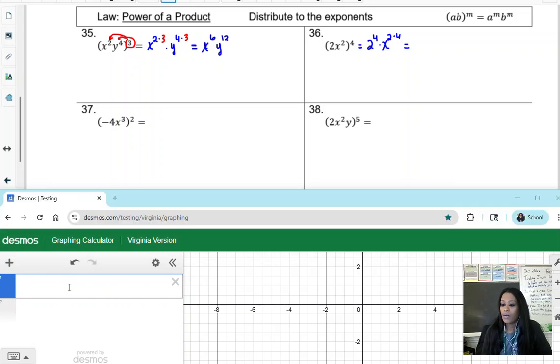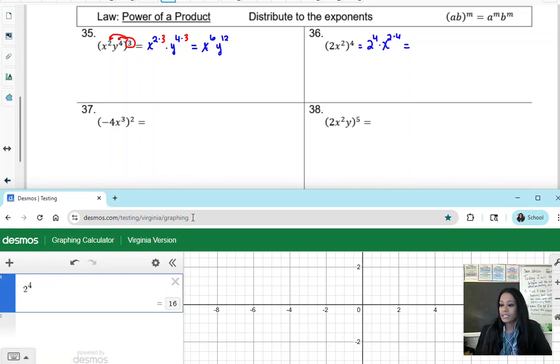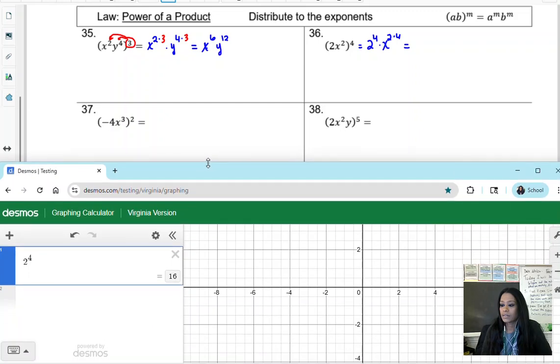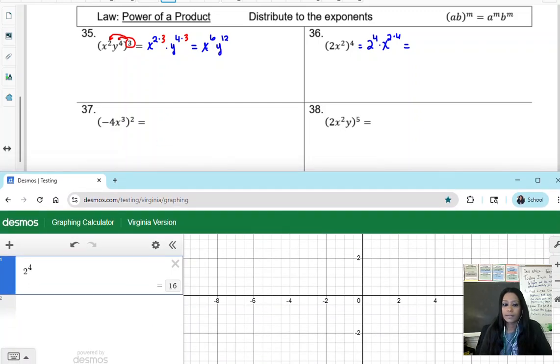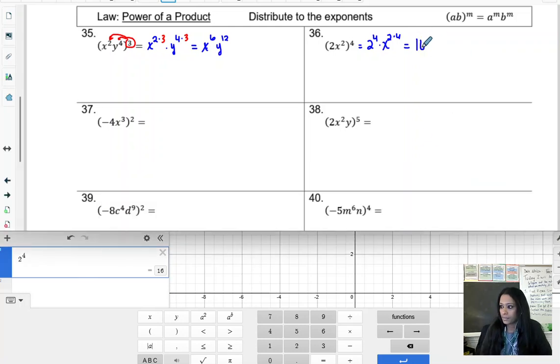Now 2 to the power of 4, you can go ahead and calculate that. 2 to the power of 4 is 16. And then x to the power of 2 times 4 is 8.